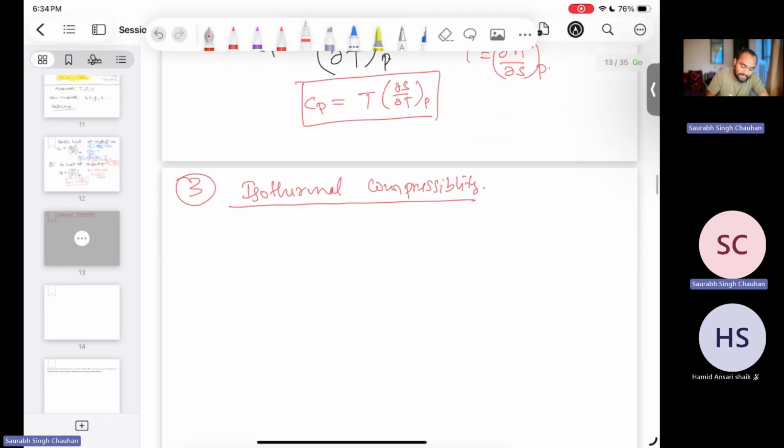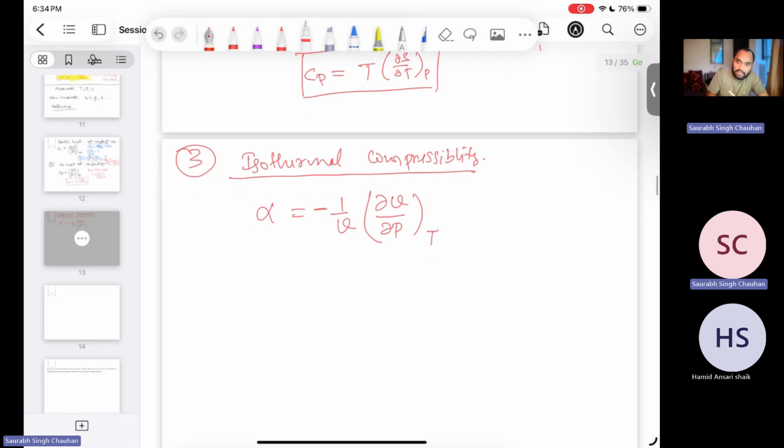The isothermal compressibility is defined as alpha, which is how much the volume will change if you change the pressure. If you increase the pressure, the volume will decrease, so there is a negative sign, and if you have more volume, you have more scope for reduction. To normalize that, we divide by volume, at constant temperature.